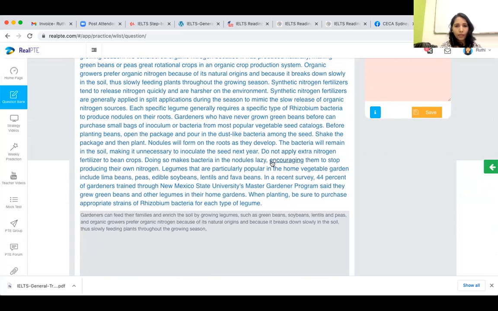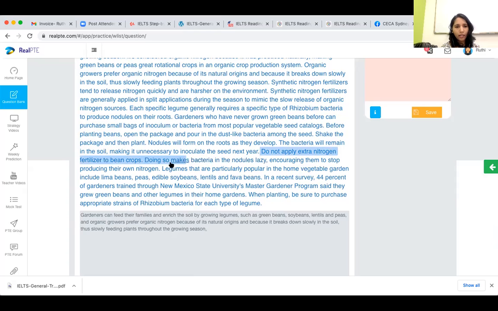So I would say, furthermore, the bacteria will remain, making it do not add extra nitrogen. Doing so will make the bacteria, encouraging them to stop producing their own nitrogen. So moreover, do not add extra nitrogen fertilizer, and then I combine these two sentences.